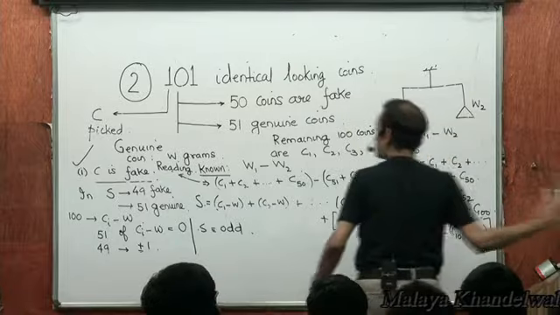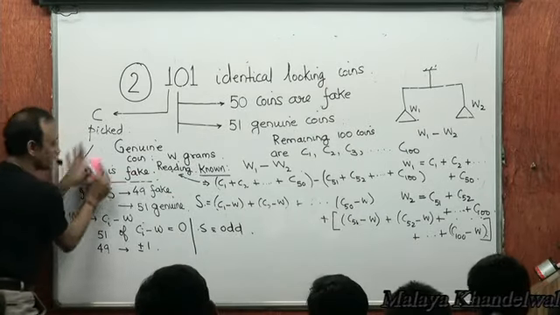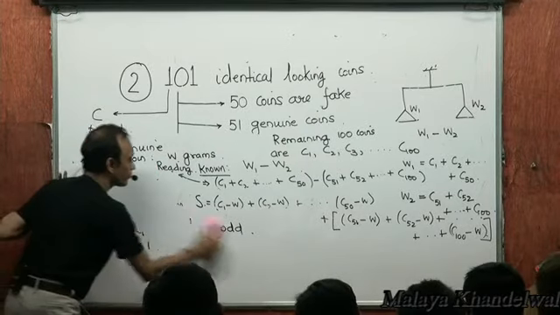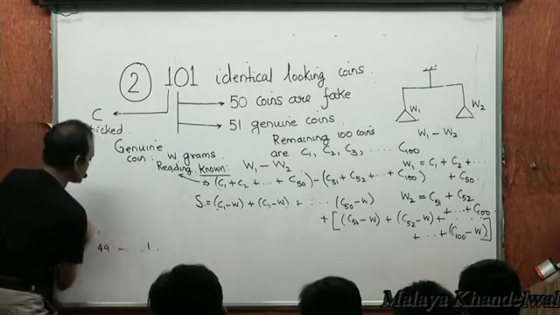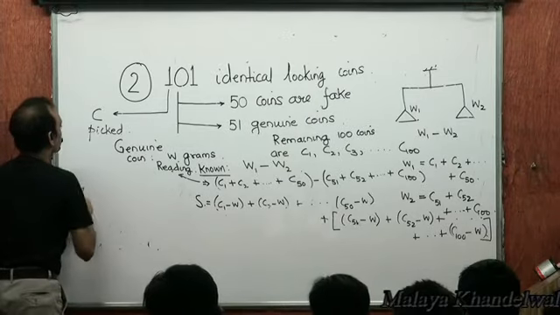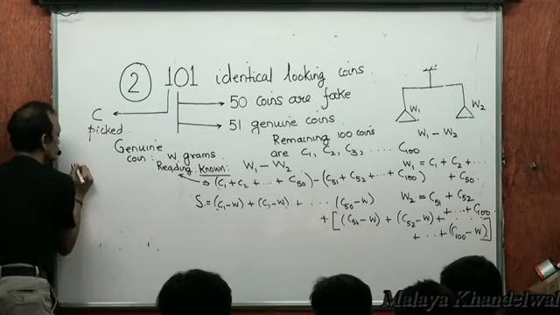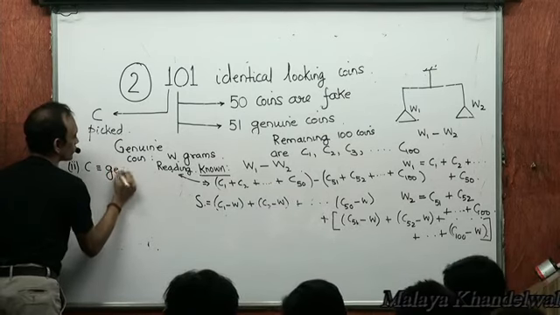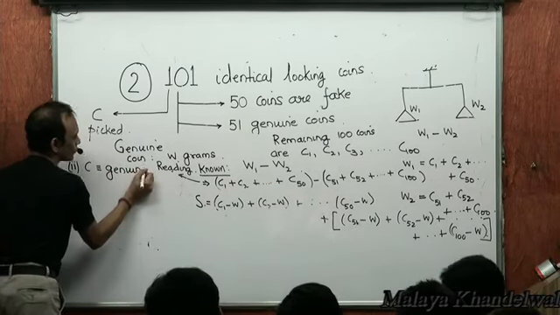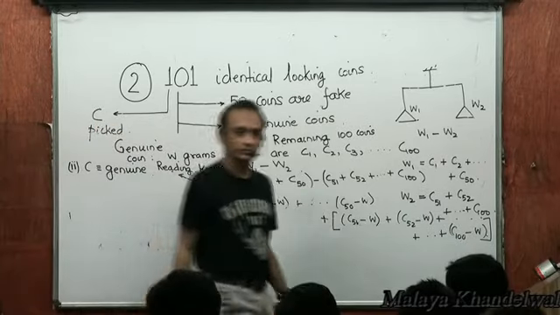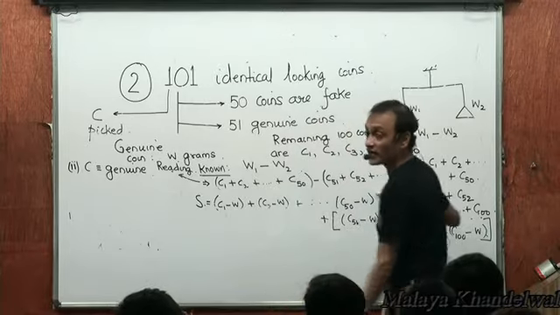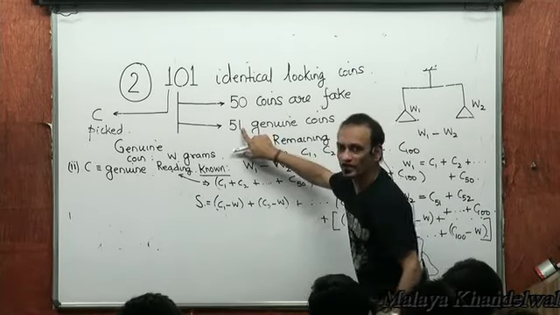Suppose, just to explore, suppose C is genuine. Can I wipe this off? Suppose C is genuine. The one that I have picked out is genuine. Case 2. C is genuine. Then in this collection of Cis, one genuine coin is excluded.